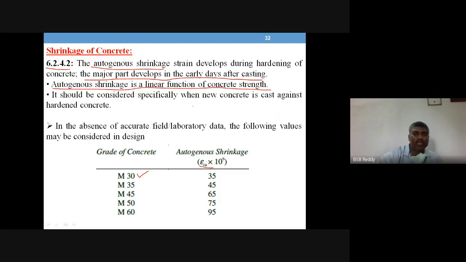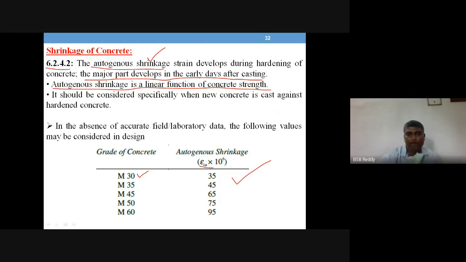Almost 99% of the strength is achieved in 28 days. Hence, only in the early days is this autogenous shrinkage effective. So this is the table that gives you the value of autogenous shrinkage straight away, a number.